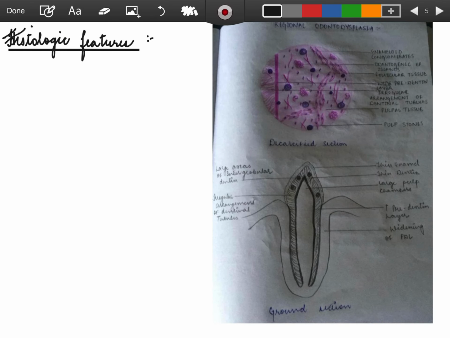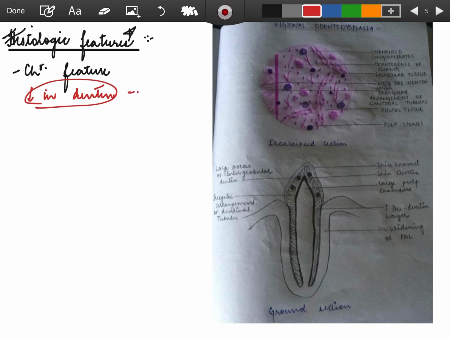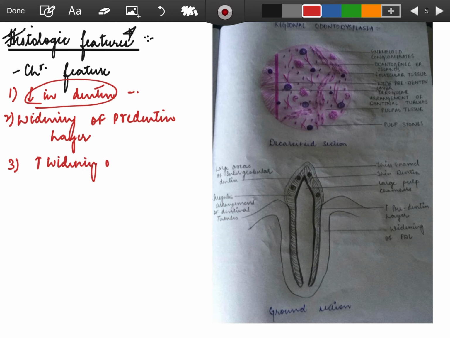So coming to the histopathology, these are the diagrams you have to draw. In the histopathology we see several characteristic features. First is a decrease in dentine formation or defective mineralization of dentine, and there is a widening of the predentine layer. Third is an increased thickness or widening of the pedial space.